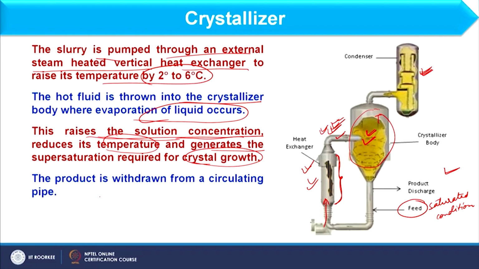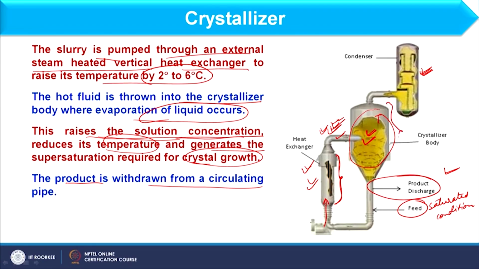Some evaporation takes place from the solution and so the solvent is removed, and so the solute available in the slurry increases, and that condition we consider as supersaturated condition, and when this condition occurs the crystal formation starts, right. And once I am having the crystals, the product can be withdrawn from the circulating pipe. So, you can see from here we can get the product out.